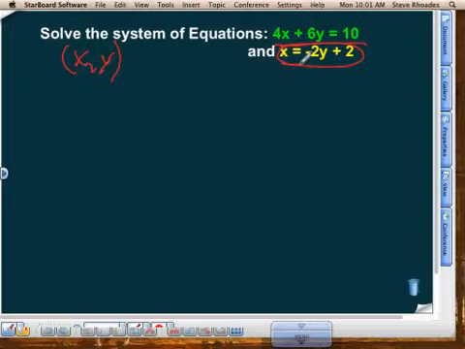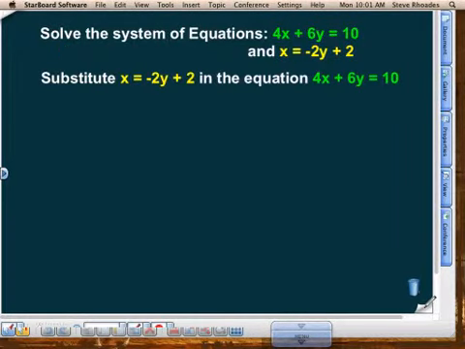So we know in this equation that x equals negative 2y plus 2. And we're going to use that information to figure out what y is equal to. We're going to substitute. That's why it's called the substitution method. We're going to take that and put it inside the other equation in place of x.